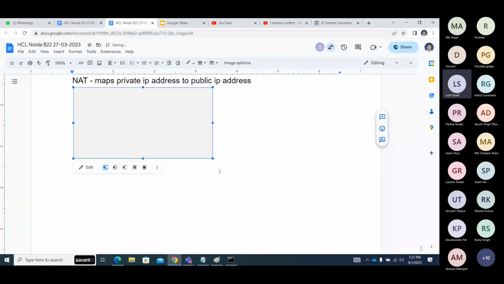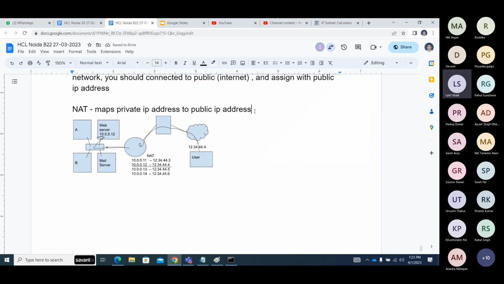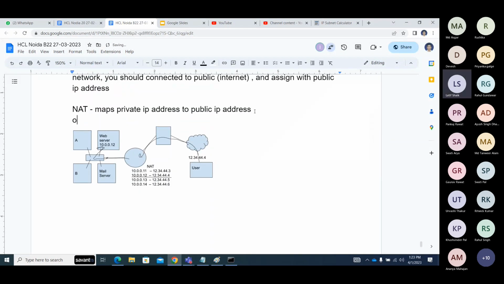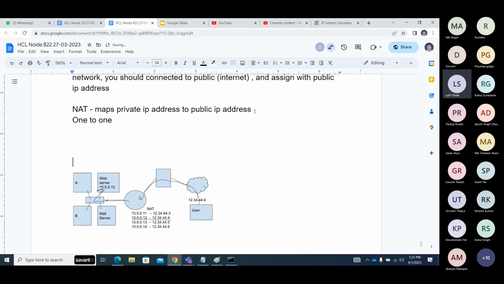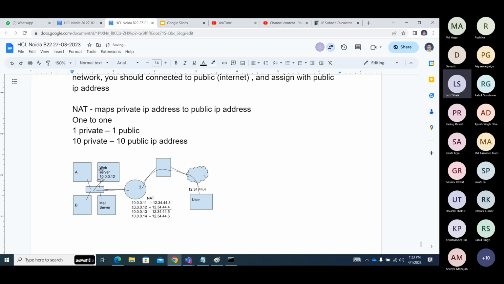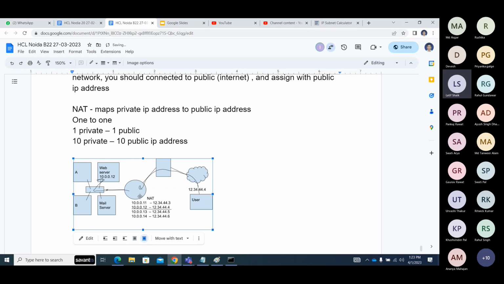NAT, network address translation, is a one-to-one type. It means for one private IP address you need one public IP address. If you have 10 private IP addresses, then you need 10 public IP addresses. Okay, this is about your NAT.